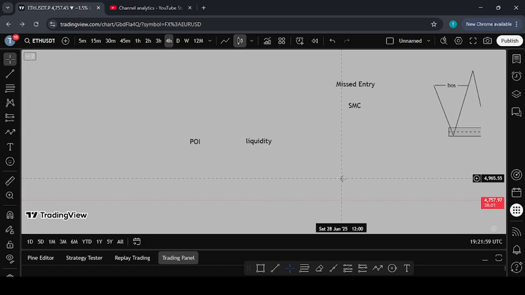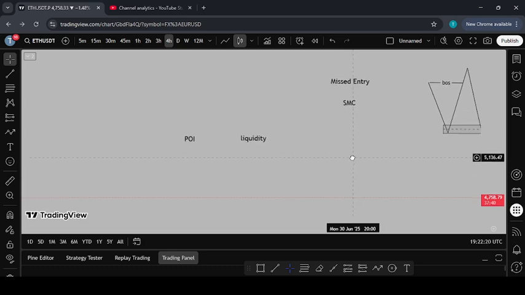Or you're aiming at a breaker block, and that breaker block has been mitigated before. Then you enter a trade, the market moves a little bit and starts coming back to the order block, takes you out and comes and buys or sells from that order block. Why? You do not know how to select that particular breaker block.